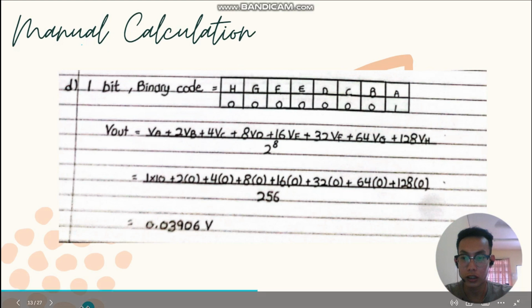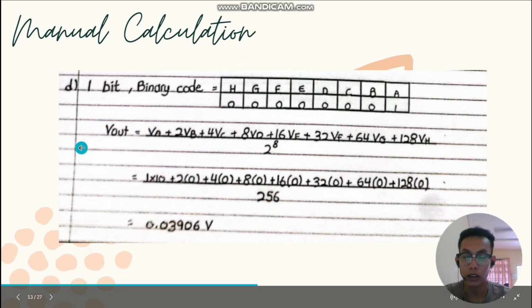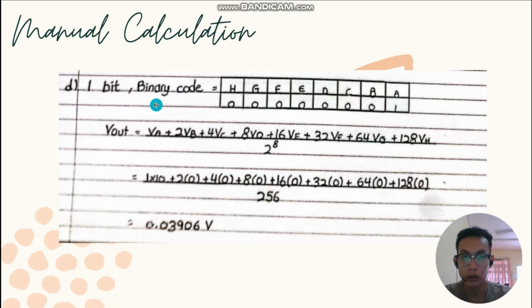So this is a manual calculation for 8-bit binary code equal to HGFEDCBA, 00000001, with 1 for A. So this is Vout equal to VA plus 2VB plus 4VC plus 8VD plus 16VE plus 32VF plus 64VG plus 128VH over 2 to the power of 8.